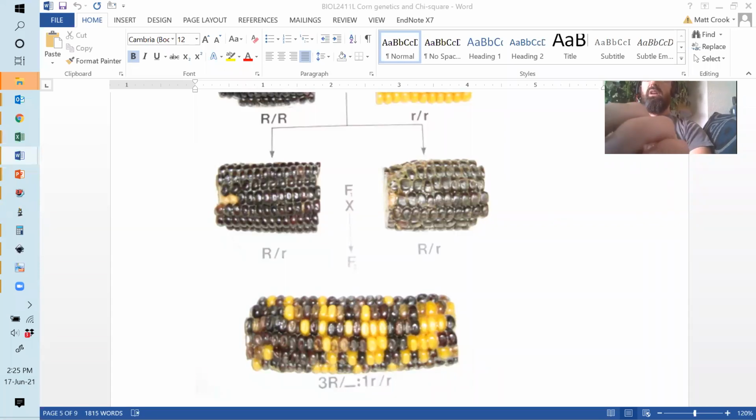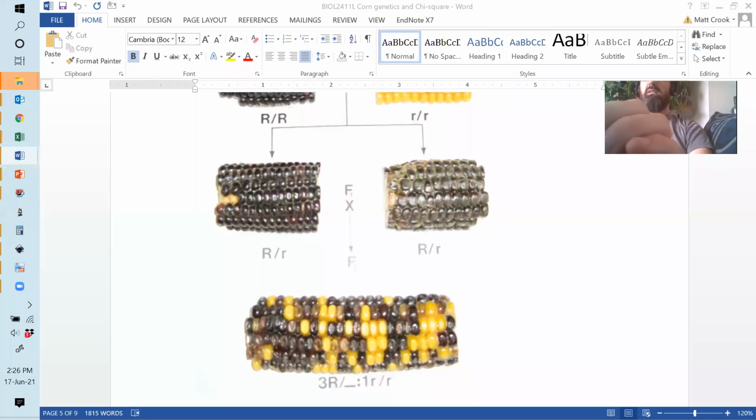So if you count, I don't know, 300 total kernels, which you probably can't because I don't think there are actually 300 in there, but it's just a nice round number.